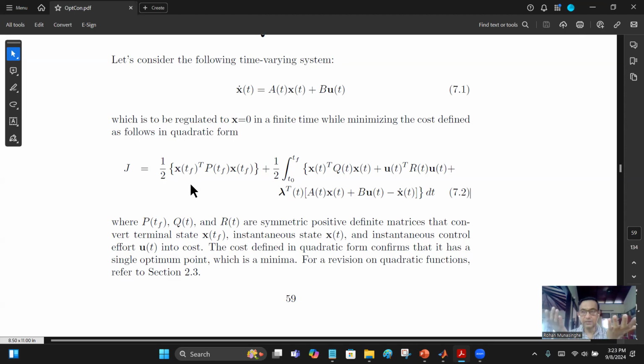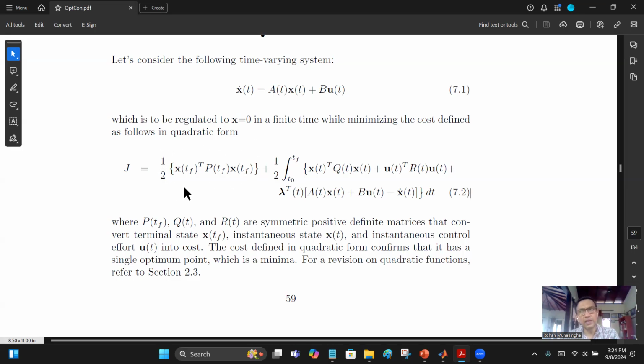X is the state. So this is the state at the end. So if it goes to 0, this is 0, this is 0, and the whole thing is 0. That is the best scenario. Okay, at the end of the time, all of the states would go to 0. Perfect. But if it is not the case, it is a cost. Okay, so that is why we include it like that.